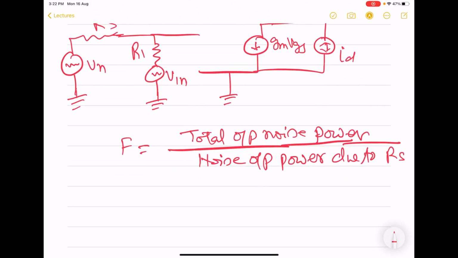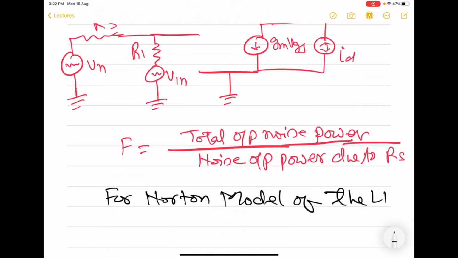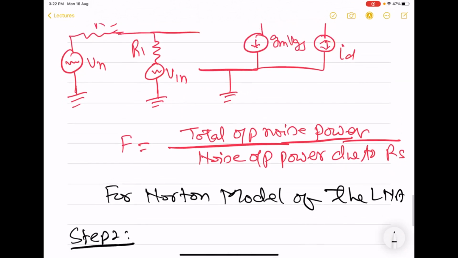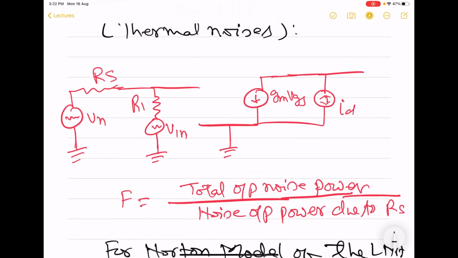So we will find out the short circuited output current due to each of the noise sources. What we have to do is find out this short circuited output current, because of Vn, V1n and ID.